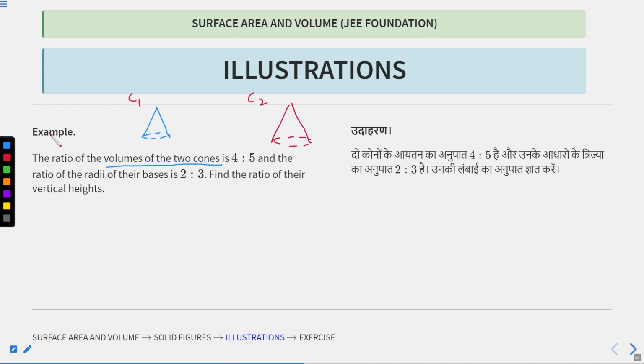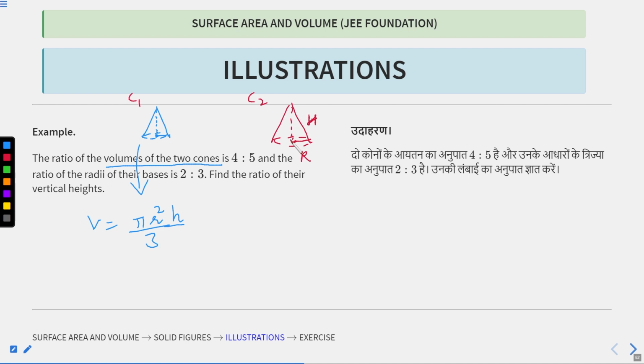Now, we know the volume formula for the cone is 1 by 3 of the volume of the cylinder, which is equal to pi r square h divided by 3. So for this, r is this and h is this. I hope this is clear. Now for here, I am taking R as capital and H also capital.